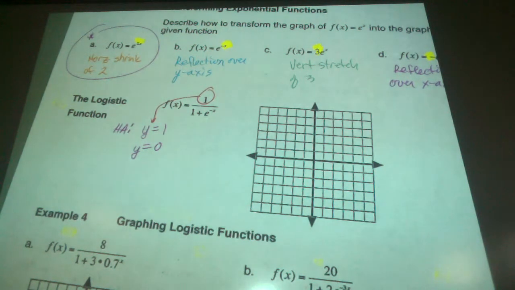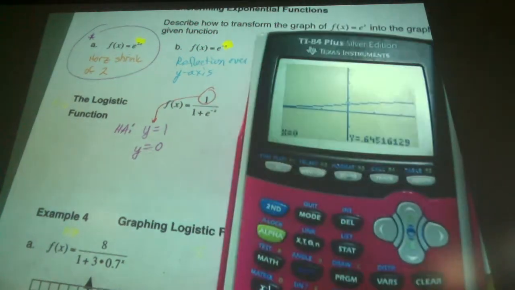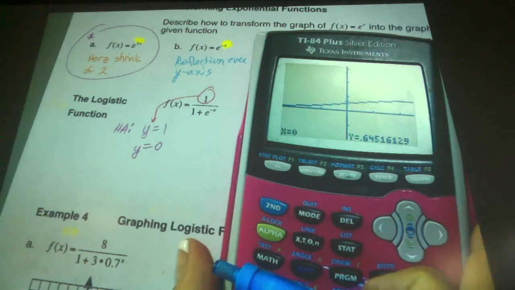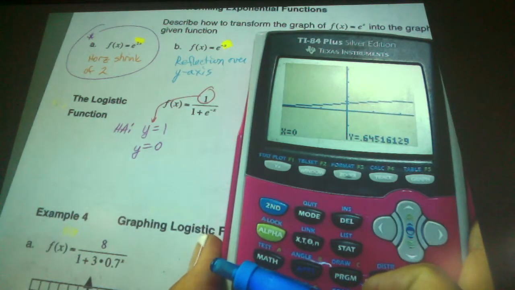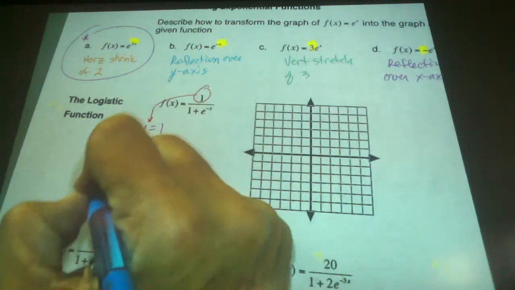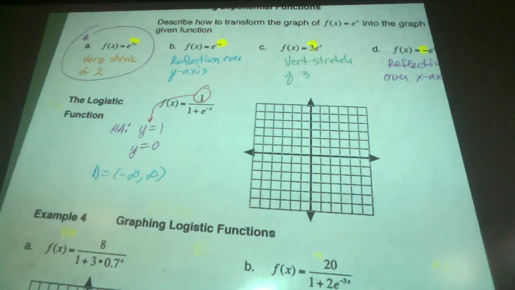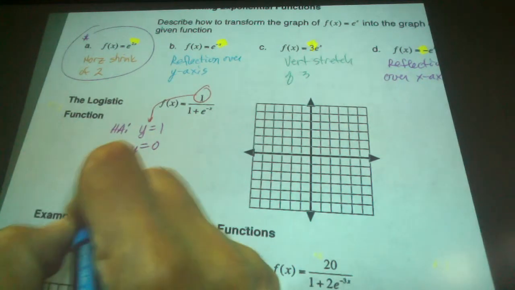There will always be one of the other 2 asymptotes. And then, is my x restricted, my domain? Yes or no? Domain restricted? Nope. So my domain is negative infinity to positive infinity. I can choose any values I want for x. And then what is my range?